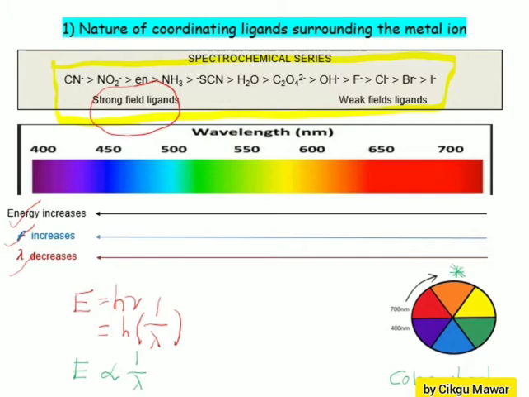The complementary color is the opposite on the color wheel, so blue will appear. This is how we use the color wheel. If the color absorbed is red, the color that appears is green.